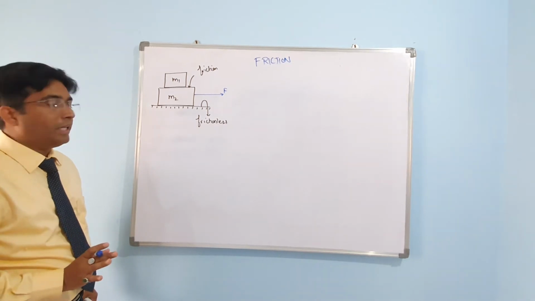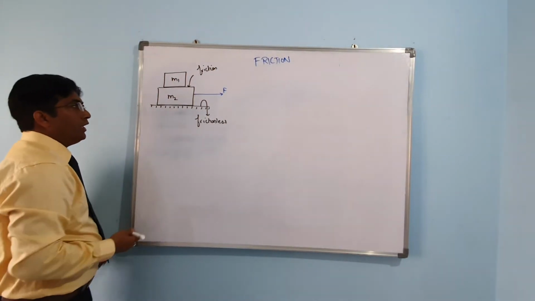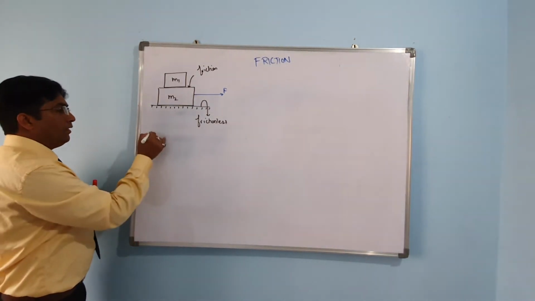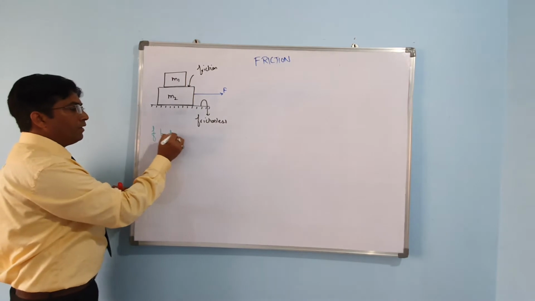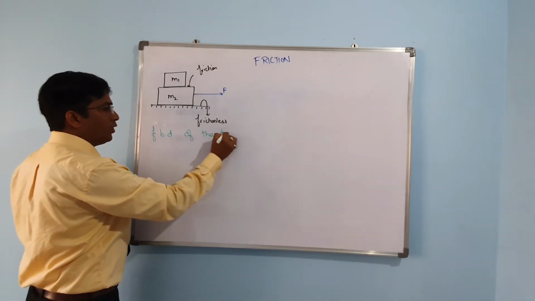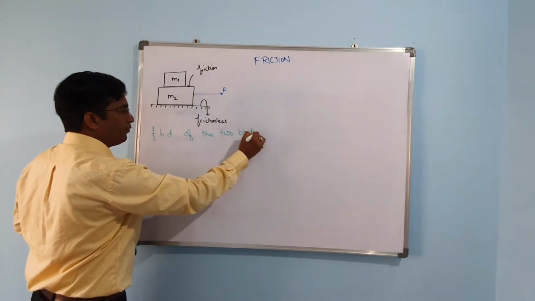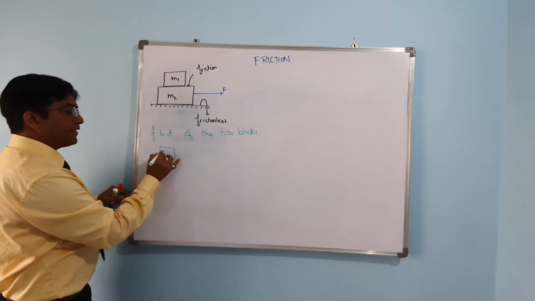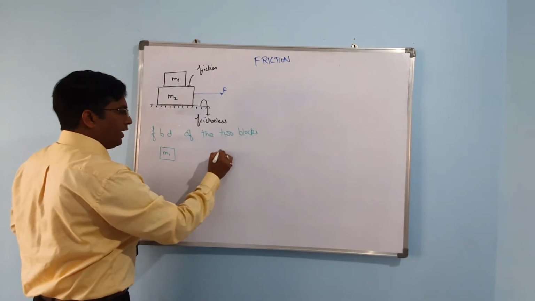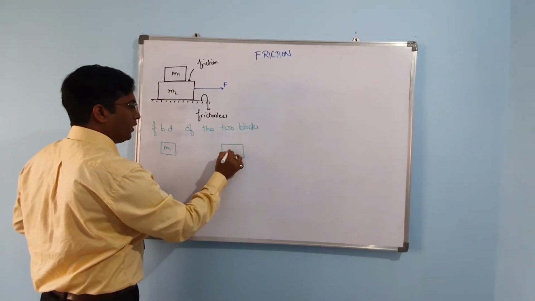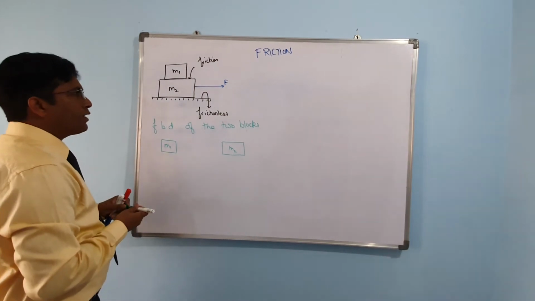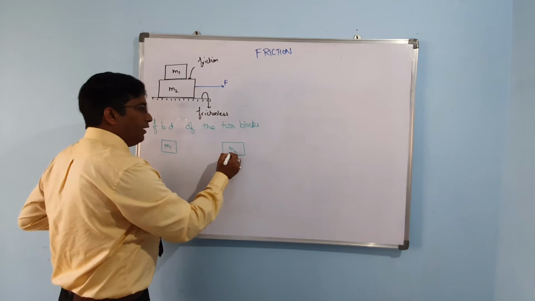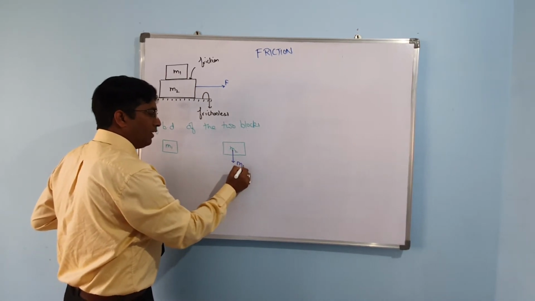We have to analyze how the two blocks are going to move. This is our question. First of all, I am drawing the FBD of the two blocks. Let's look at the blocks of mass m1 and m2 separately. Let's begin with m2 first. m2 is acted upon by its weight m2g.